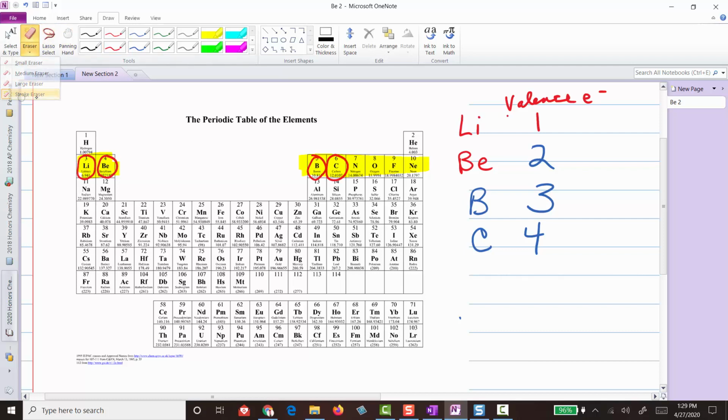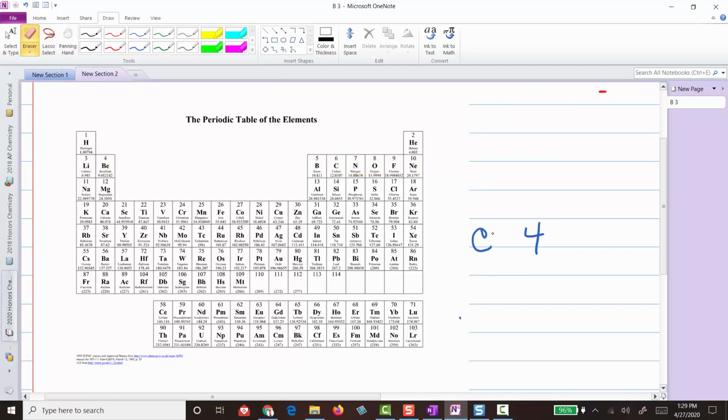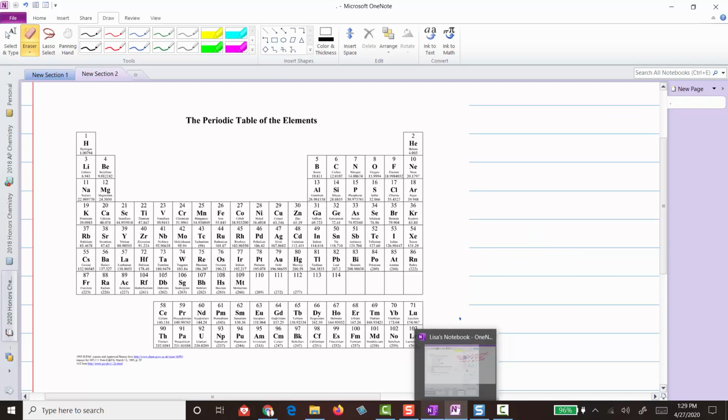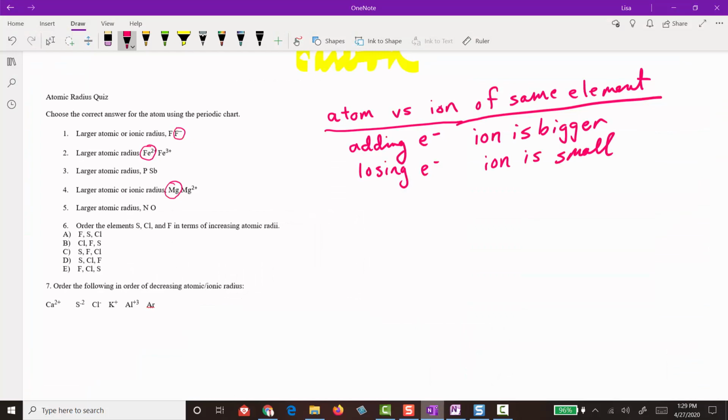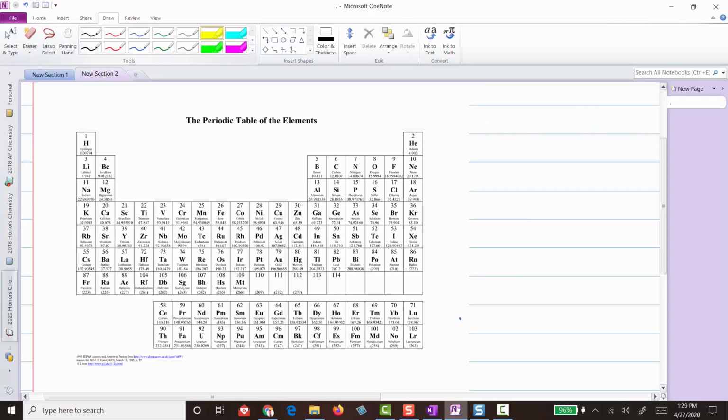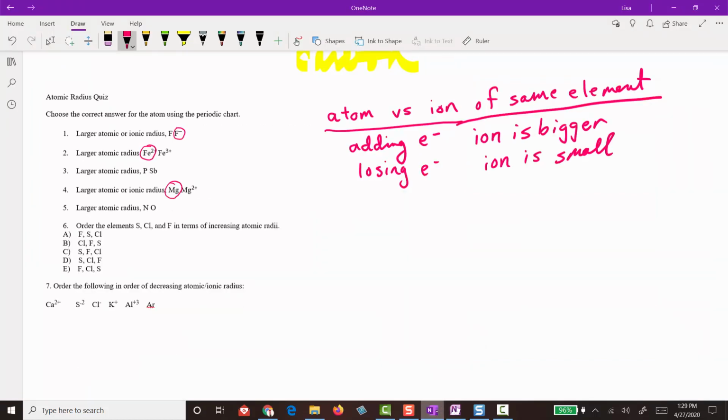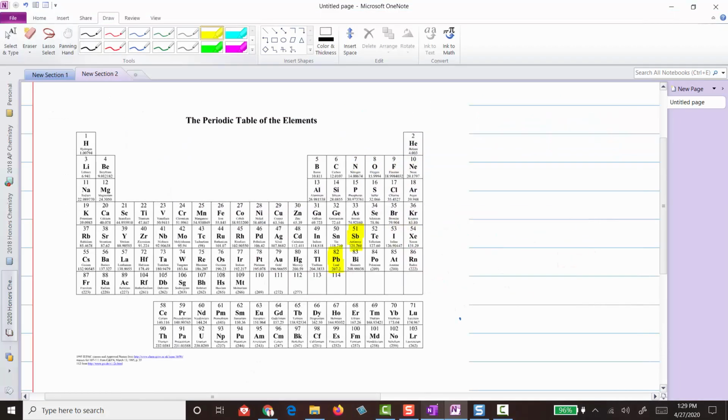So let me clear this out here from before. We are going to compare the first one, lead versus antimony. The atomic radius, as it goes down, it increases.